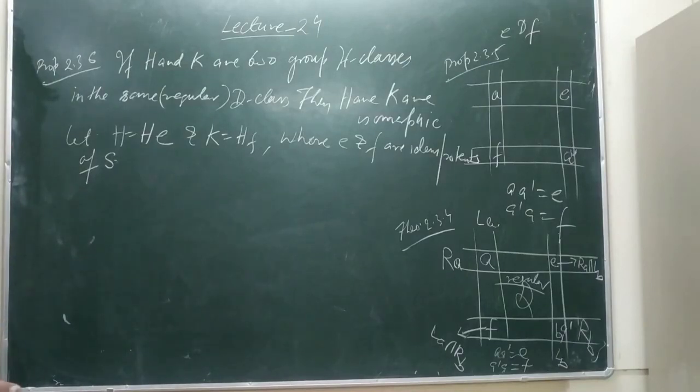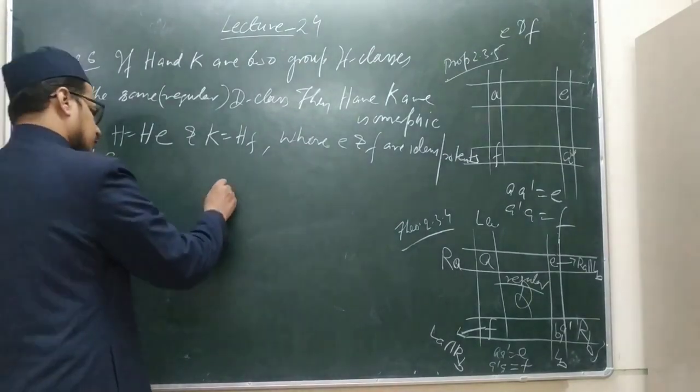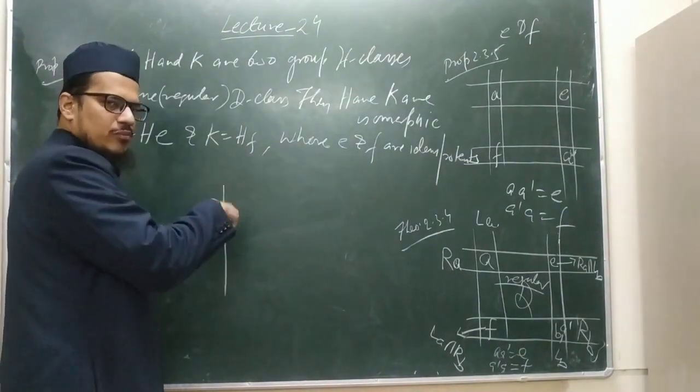They should be in the same D class, correct? It means that E and F are D-related to each other because they are in the same D class. For example, this is basically called the egg box picture.